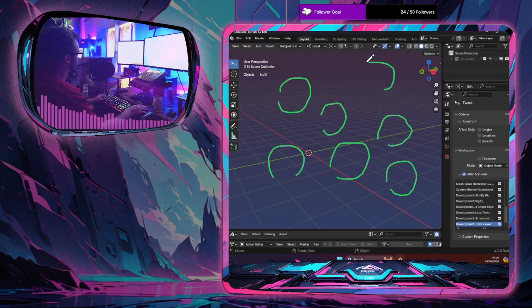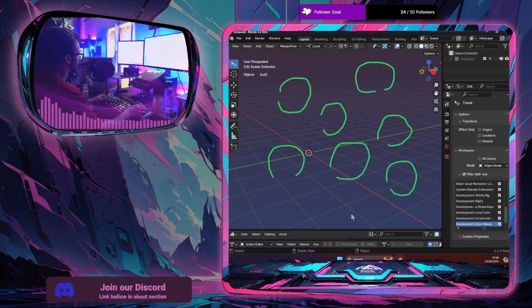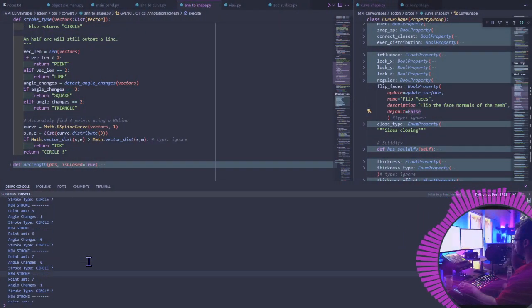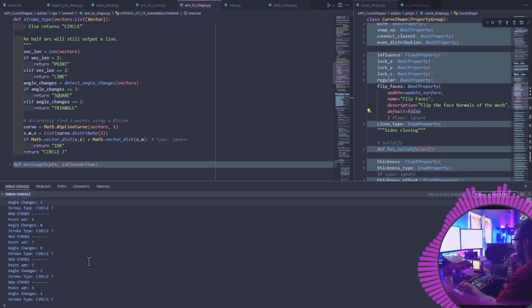Let's do one the other way around. I bet most of these are gonna return a circle. Yeah, all of them actually. And they're actually arcs. They're not circles.